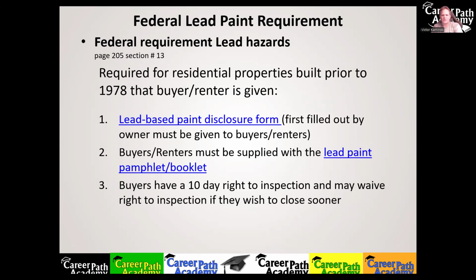And you need to have the owner fill it out first, followed by the buyer or renter, whoever you're supplying it to.